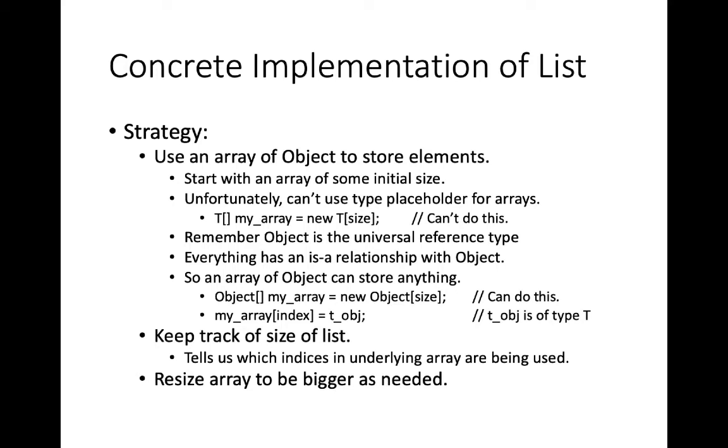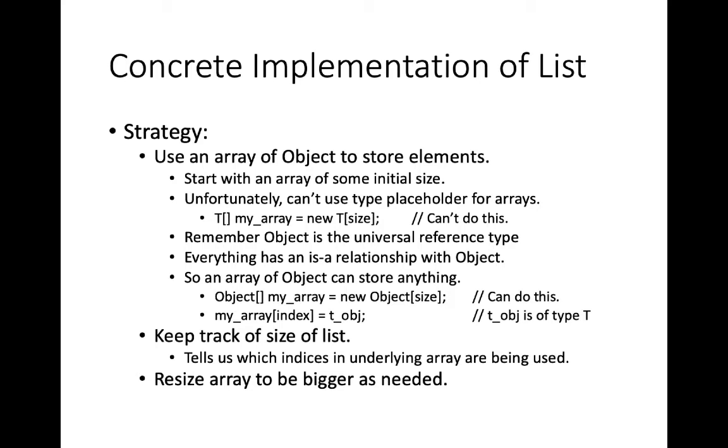The storage is going to have a certain length, but the list is going to have a different length. The size of the list depends on how it's been used, what's been added to it and removed from it, and it grows and shrinks. So I have to keep track of the size of the list separately from the length of the array that I'm using to store those elements.